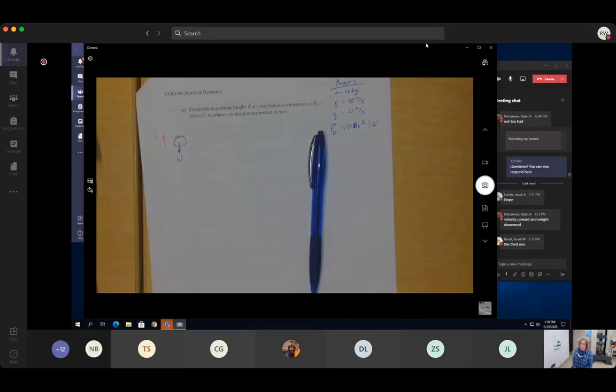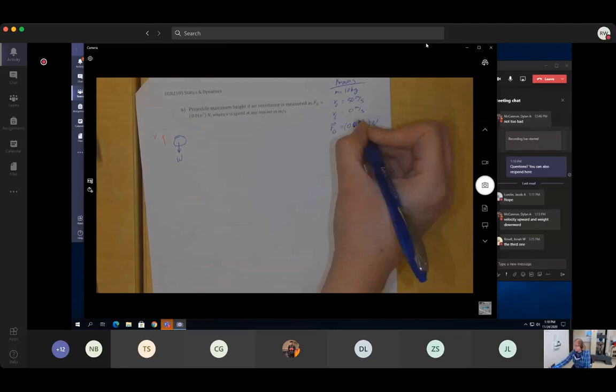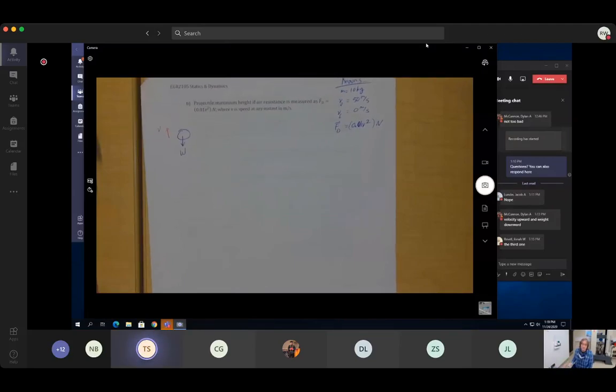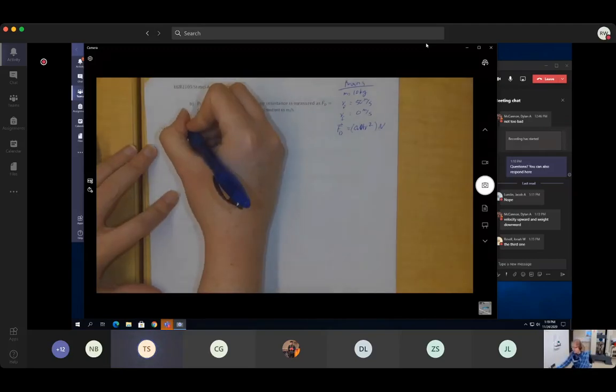So how is drag going to be acting here? What direction will drag be acting? It's going to be opposite of motion, right? Yep, so it's going to be opposite of motion, so it's actually going to be pointed down while we're going up.